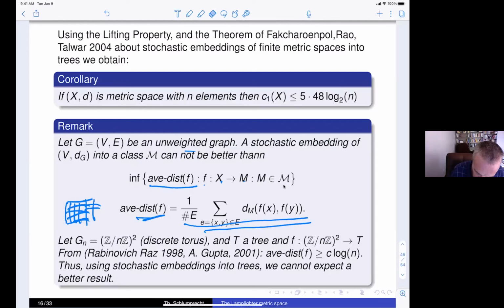So the discrete torus of dimension n has an average distortion of a constant times log n. So in other words, you don't get anything better. Here it should be average, just into trees. Okay.